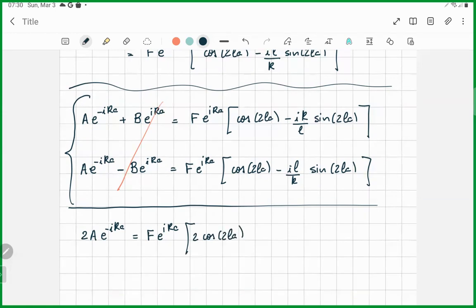And then we have 2 terms with I, so I'm going to put the I in front, and then we have K over L plus L over K, all that multiplied by the sine.